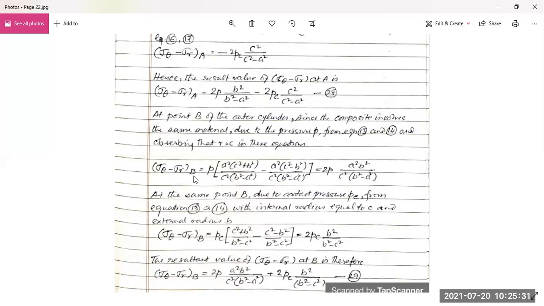considering the inner cylinder, applying equation 14 to the inner cylinder, we are getting the difference between sigma theta and sigma R at the point B is equal to this.